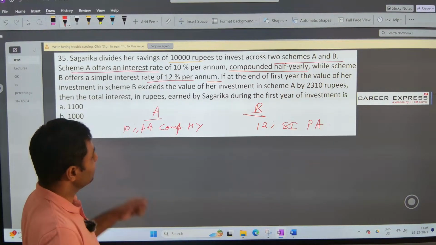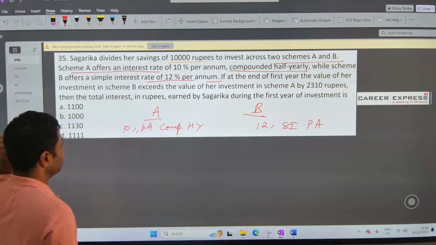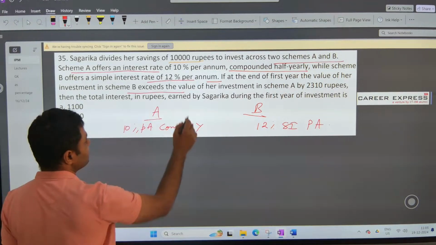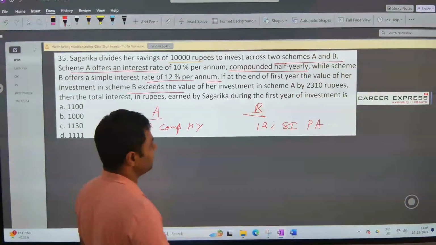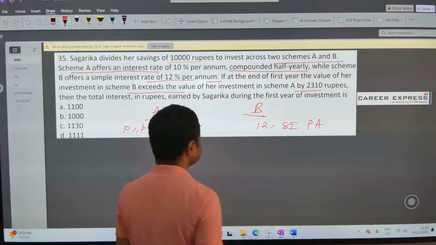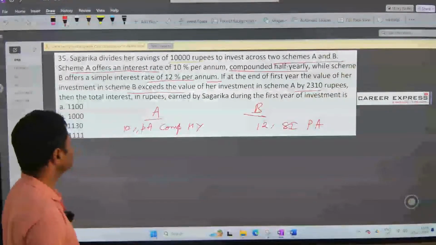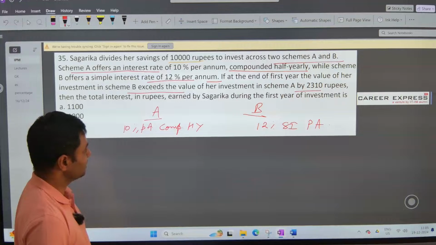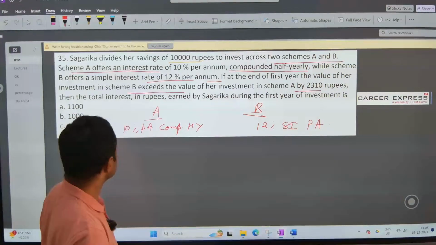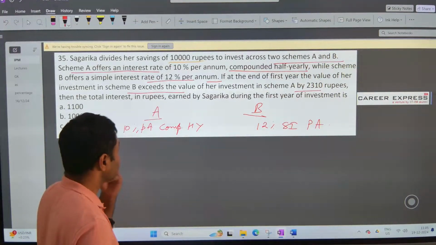So if at the end of first year the value of our investment in scheme B exceeds the value of our investment in scheme A by 2310 rupees, then the total interest in rupees earned by Sagarika during the first year of investment is. Okay.